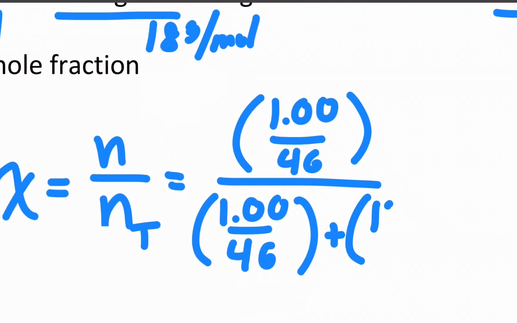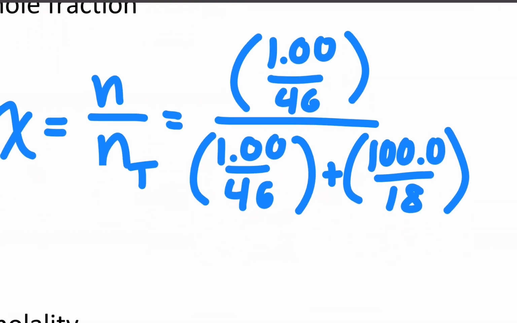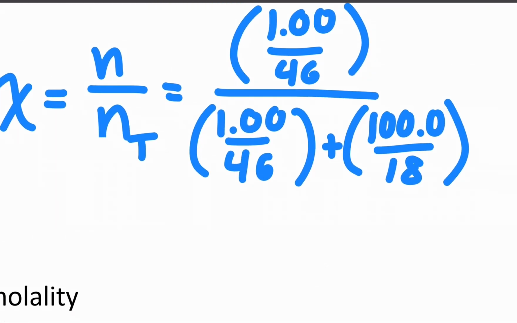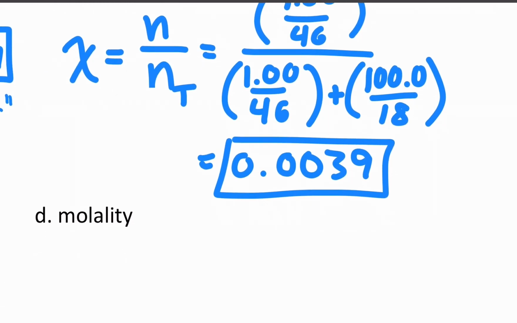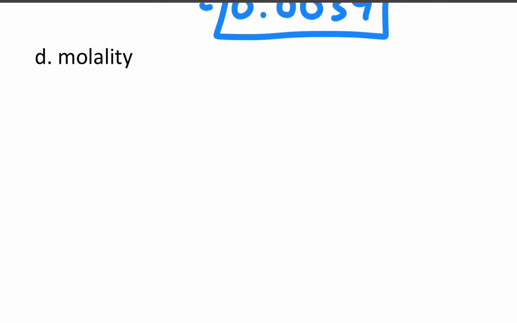Well, I have 100 grams divided by 18 grams per mole, and this is a unitless number, as you can tell, and we get 0.0039. No units, that's just my mole fraction, really small. You could multiply by 100 to get 0.39 mole percent. Means essentially the same thing as long as you know which one you're talking about.